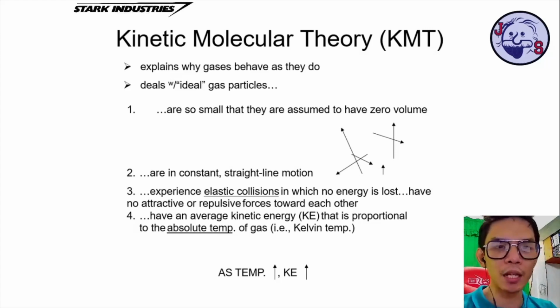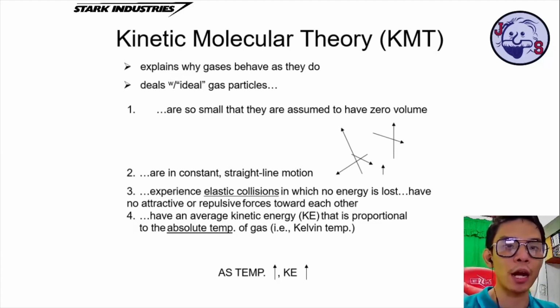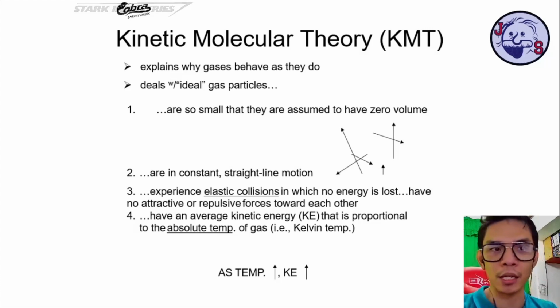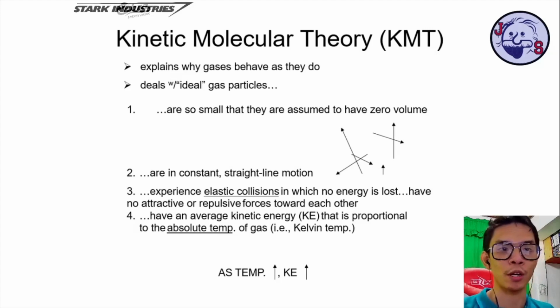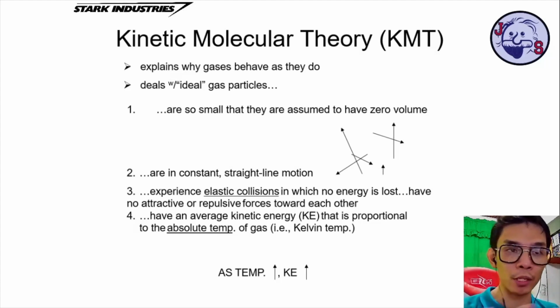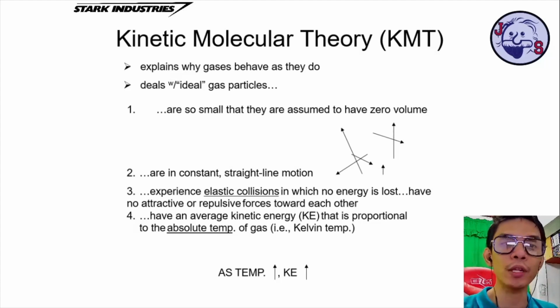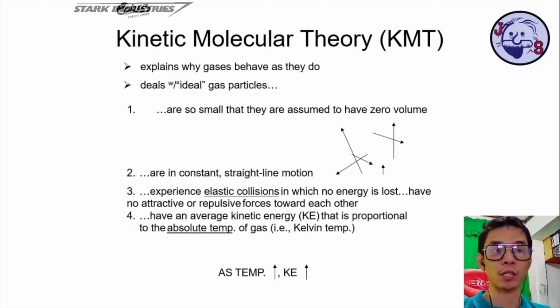But in reality, the measurements and the values that are obtained in measuring these gases are somehow deviated from the ones that we have right here in an ideal situation. So for you not to be confused about this one, we will only use the ideal situations that we have right here.